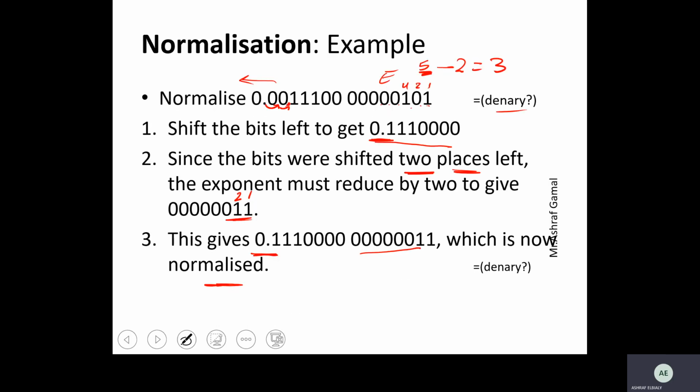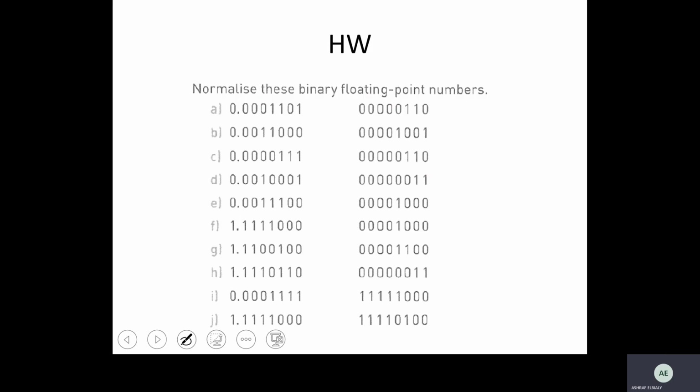Okay, let's take another example, with these values of mantissa and exponent. To convert that into normalized form, obviously this is not normalized because you have leading zeros, which are also a waste of space, and we need to put the binary point at this position.